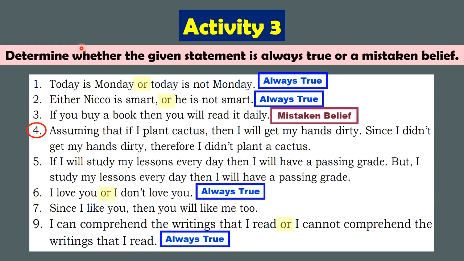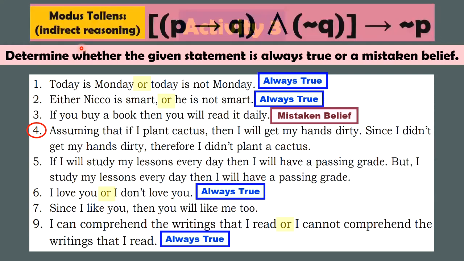Again, isusulat natin ito into symbols para makita natin yung pattern. Statement P is, I plant cactus. Itong Q, I will get my hands dirty. Actually, kamukha nito ang contrapositive.